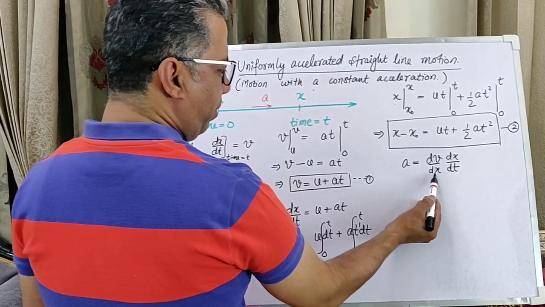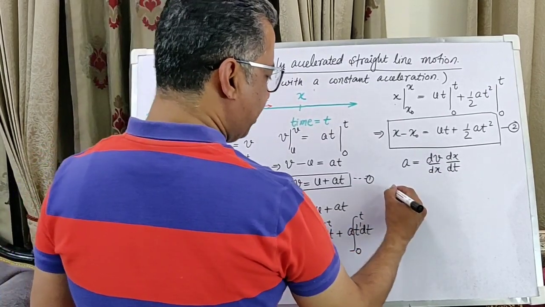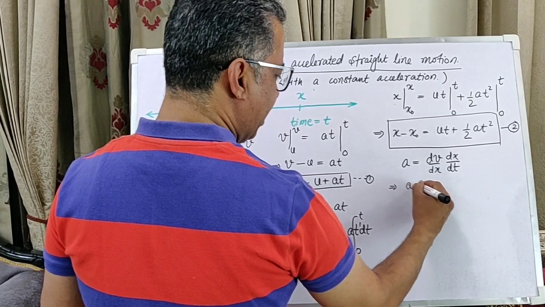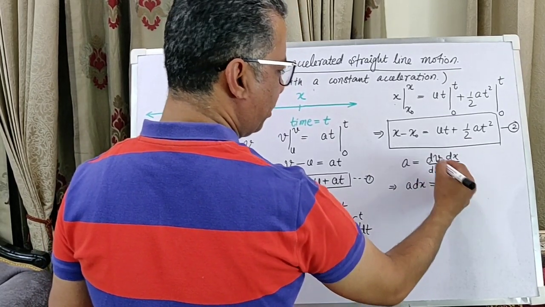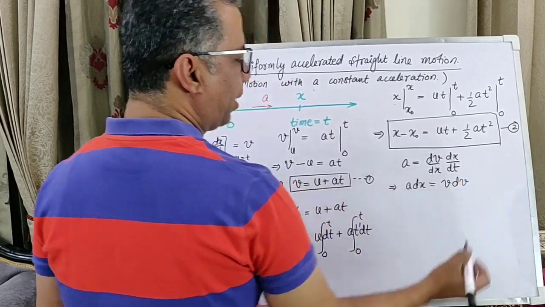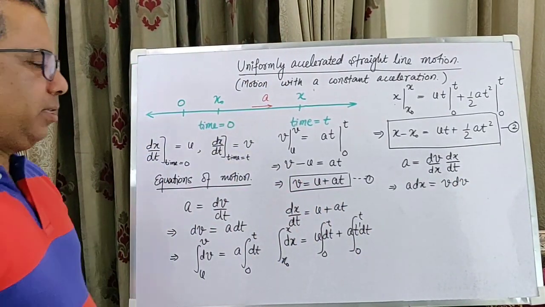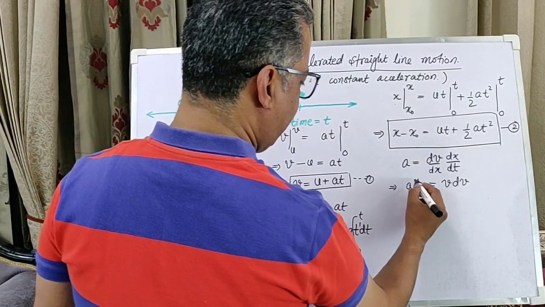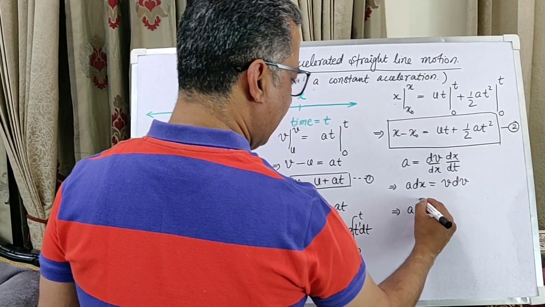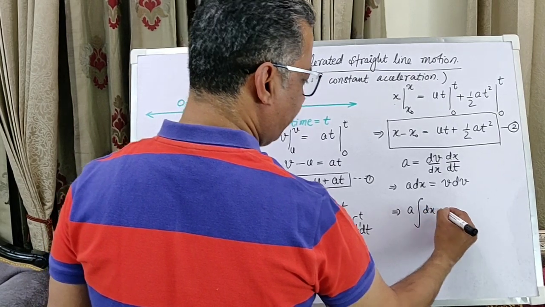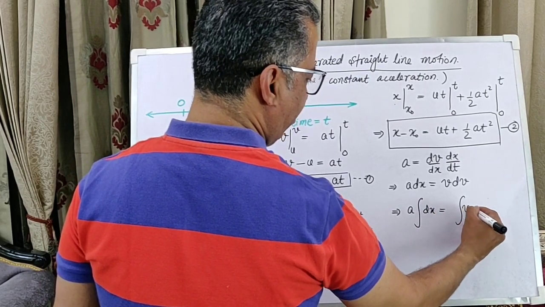What we now do is we bring this dx to the left hand side, and we have a dx equals v times dv. After this, it's a simple process of integration on both sides. So a integral of dx equals integral of v dv.